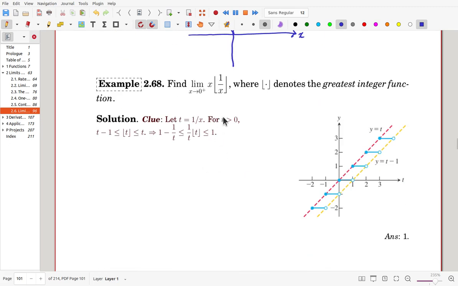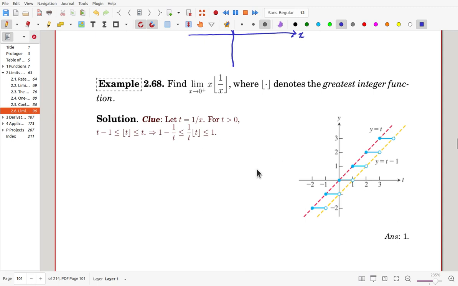Now we want to find the limit as x approaches 0 from the right of x times the greatest integer function of 1 over x. If you consider the greatest integer function, it is given in this way.